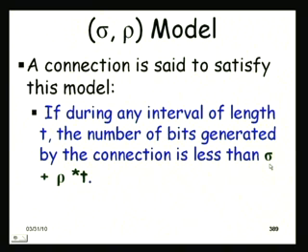Sigma is the instantaneous burst size and rho is the average. The sigma restricts the maximum instantaneous burst size, and rho is the average traffic. So, this is a good model to characterize bursty traffic.